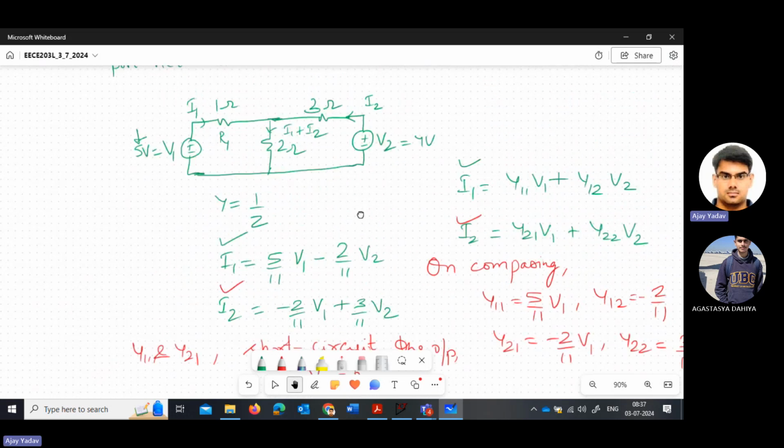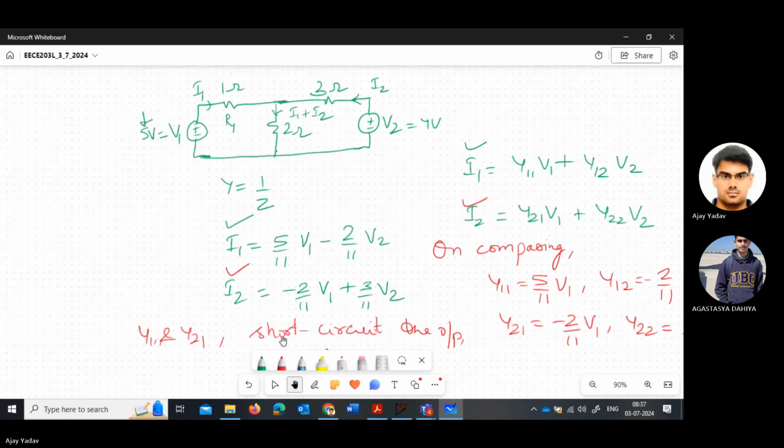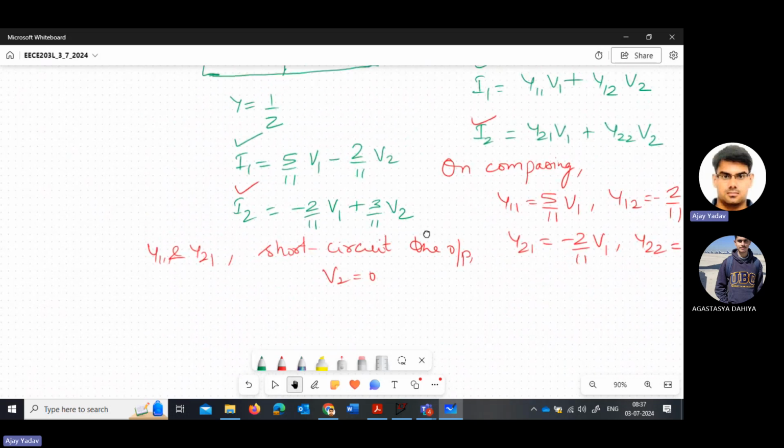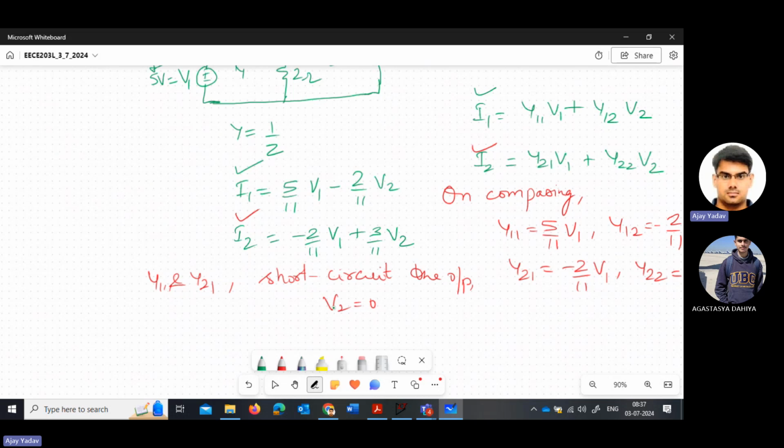It means that in this circuit, you have to remove this part, and you have to short circuit this. Now you calculate these parameters. So when you put V2 equal to 0 here, this is 0, this is 0. So you have only these parameters which we have calculated, Y11 and Y21.